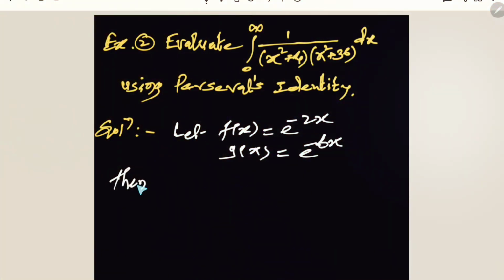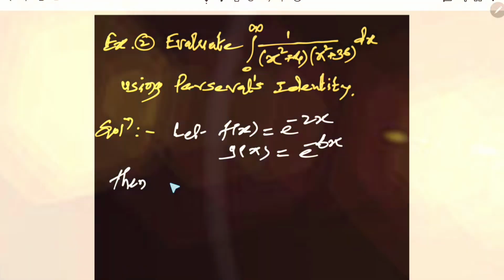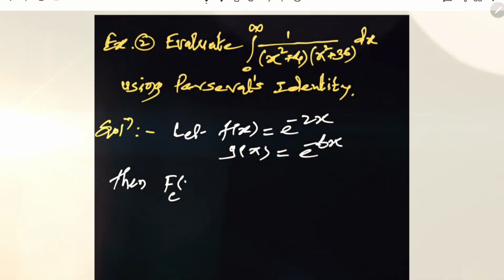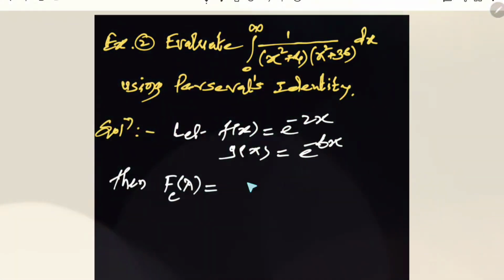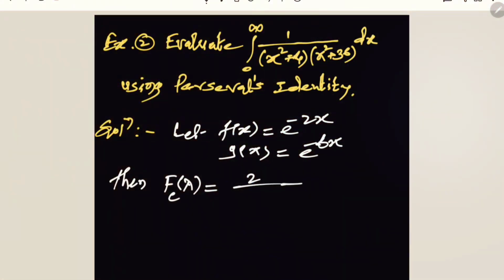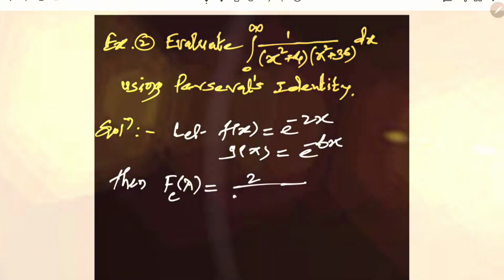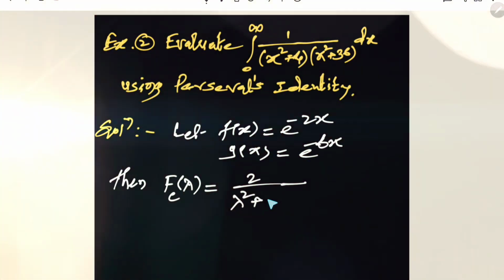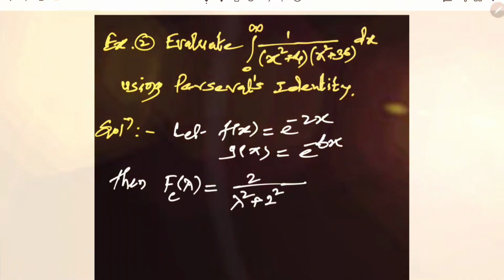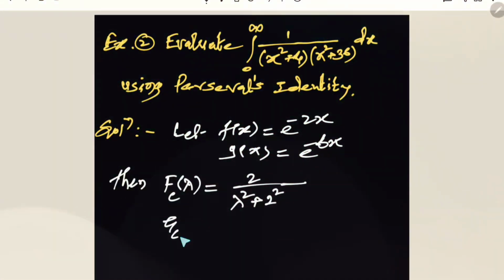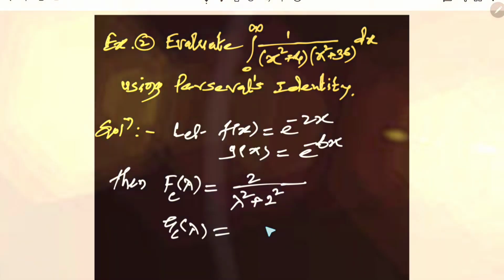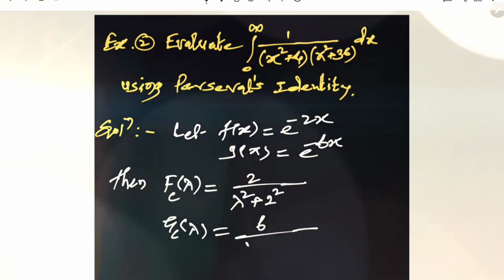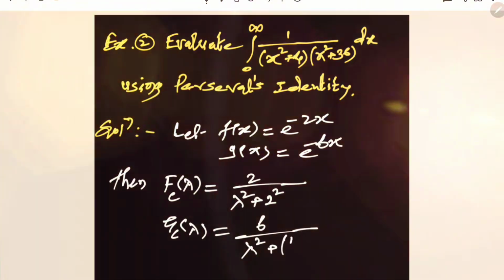Then the Fourier cosine transform of the first term is 2 upon (lambda square plus 2 square), and the Fourier cosine transform of the second term is 6 upon (lambda square plus 6 square).